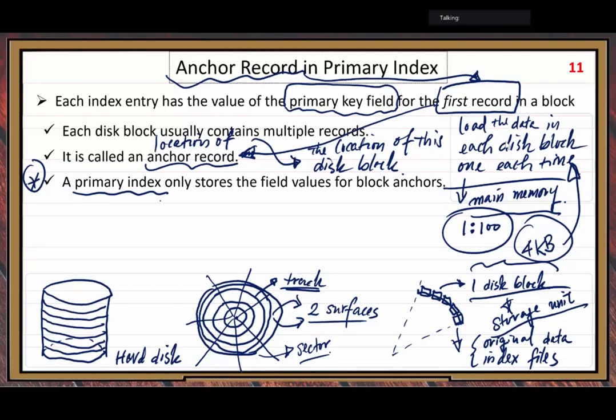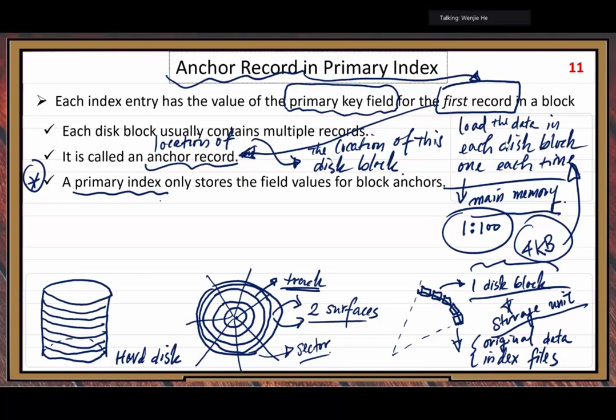In a primary index, we only store the locations of the anchor records. For non-anchor records, we do not need to store their locations. Why? I can explain why, so I use the space here.